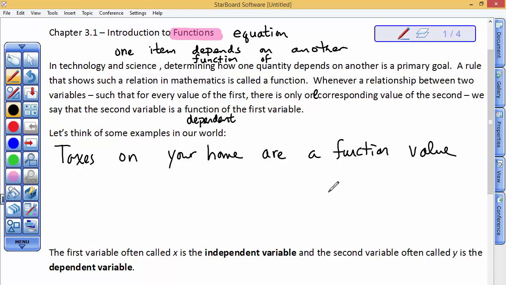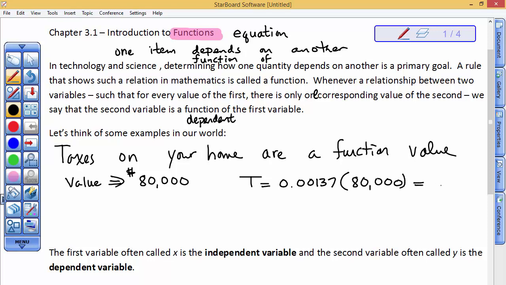So if you had a home whose value was $80,000, you'd put that into some formula at the city, and they would find out that your taxes are based on probably some factor, some coefficient. I'm just going to make something up. Let's say it's 0.00137 times the value of your home, and that might determine what your taxes are.